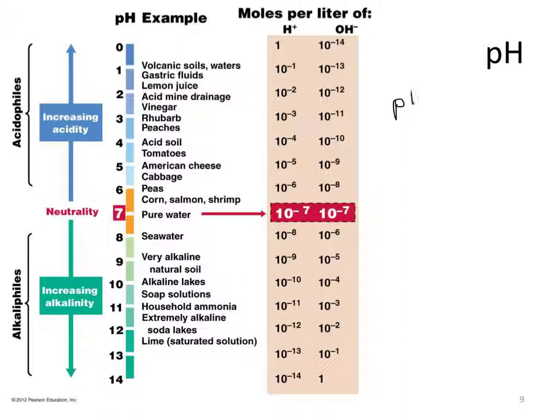So when you go from pH 7 to pH 8, or similarly from pH 1 to pH 2, that equals a 10-fold increase in hydrogen ion concentration. Okay, that's a lot. So 1 unit on the pH scale is significant. It's a significant change in concentration.